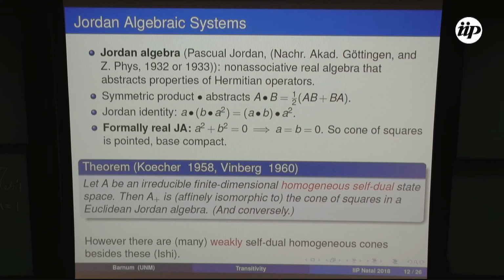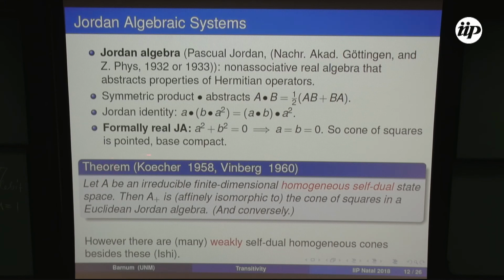The reason for this is so the cone of squares in this algebra will be pointed. Pointed basically means it intersects its negative in 0. And you want it to be pointed so that when you slice it with this normalization functional, you actually get a decent state space, so that it's convex. If the cone isn't pointed, you could have a wedge, you slice it, and you get this infinite strip. That's not going to be a good state space for a probabilistic theory.